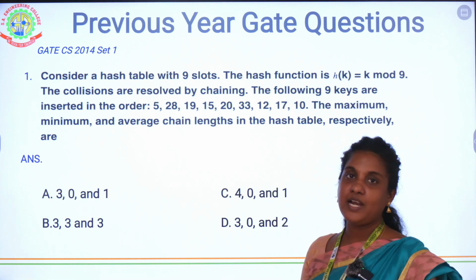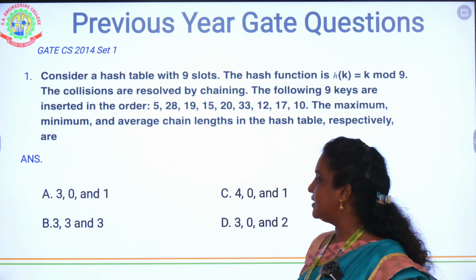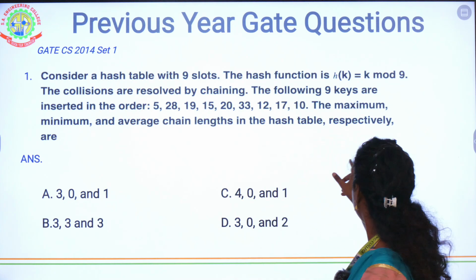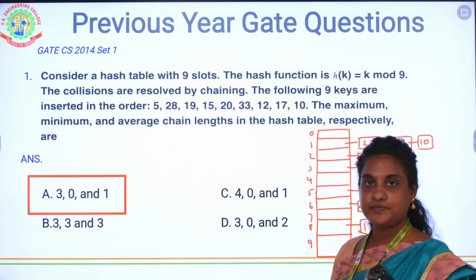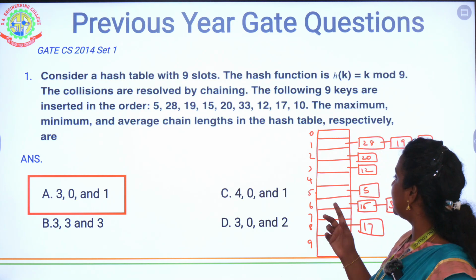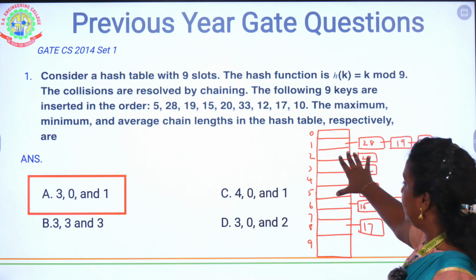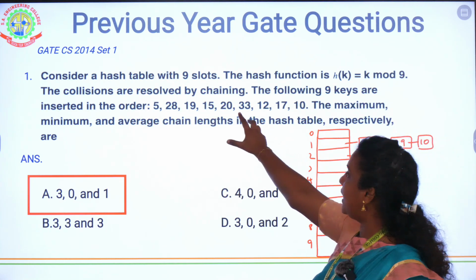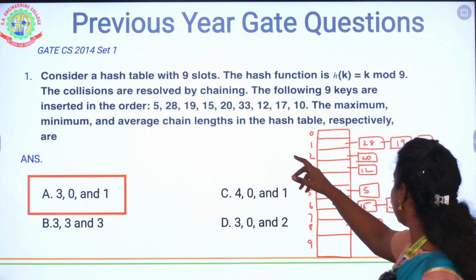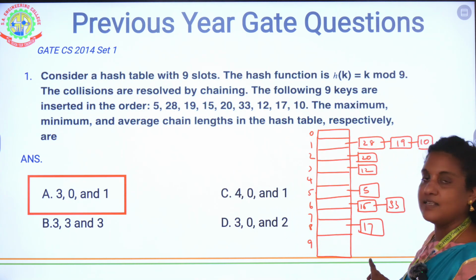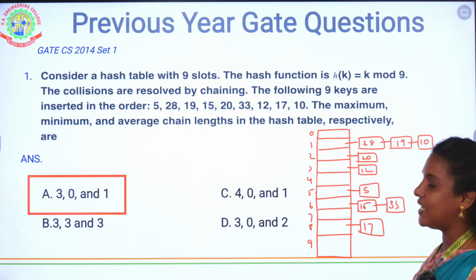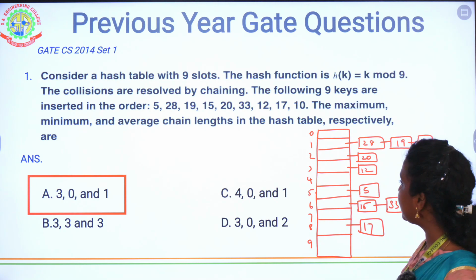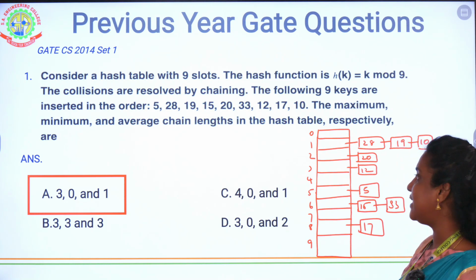Just pause the video and solve it by yourself, and check whether you have picked the correct answer. Okay, here the solution is, we have inserted the elements with the help of the chaining method. So this is our hash table after inserting all the elements. Now we have to find the maximum, minimum and average chain lengths.